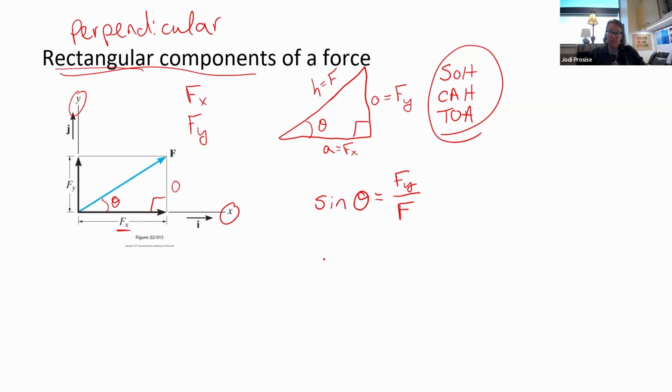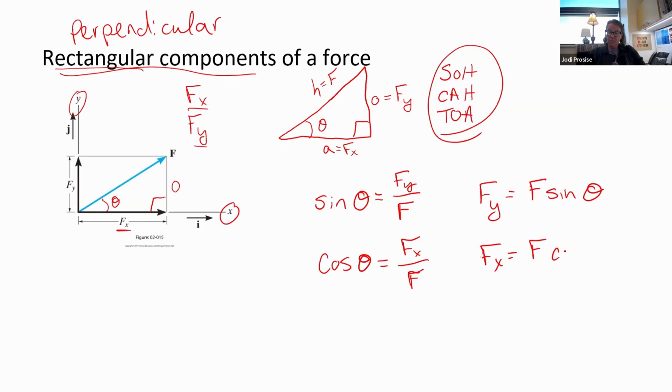We have our cosine of theta is equal to our fx, which is our adjacent, over our hypotenuse. So if we need fx and fy, we can solve these for that. So fy is equal to f sine of theta, and fx is equal to f cosine of theta. So this is how we define the magnitude of our rectangular components.